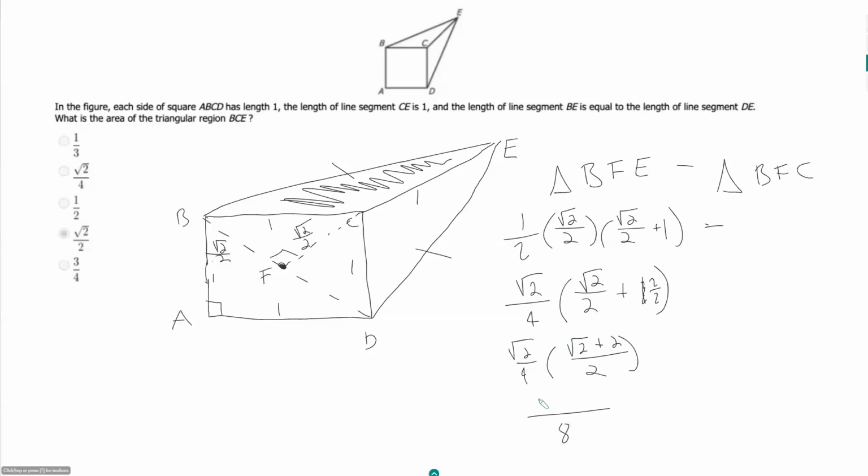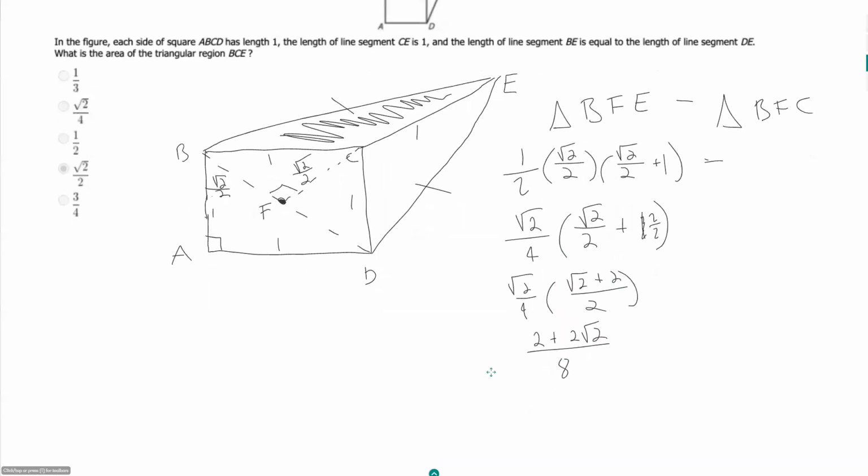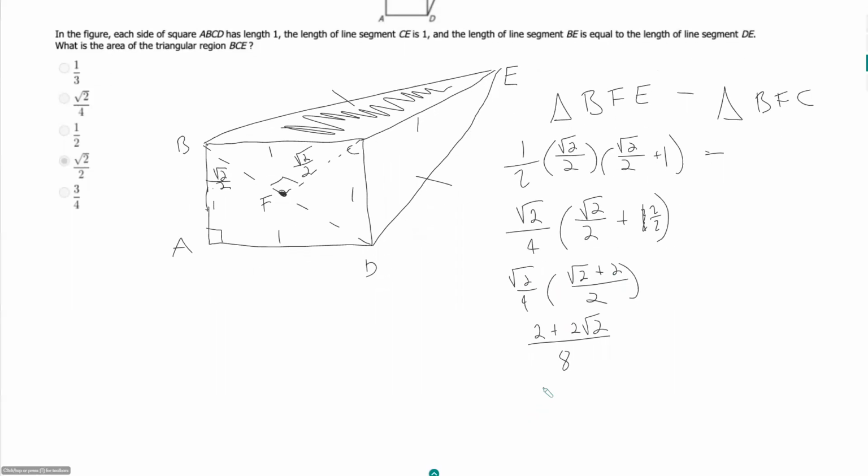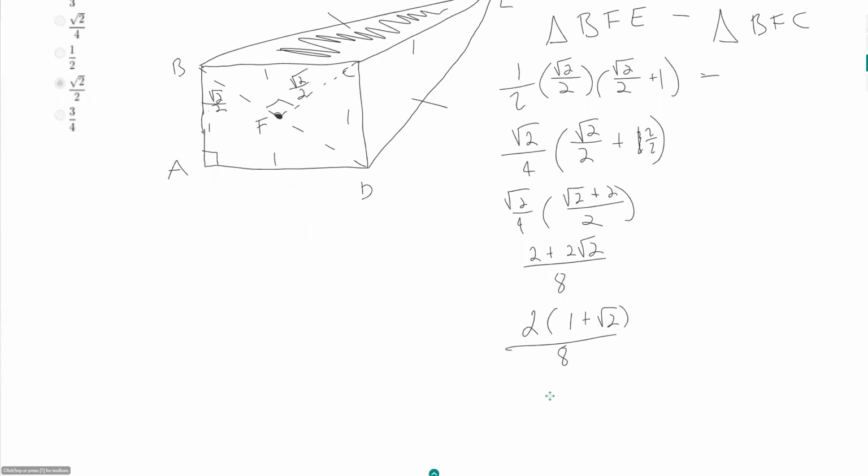Rad 2 times rad 2 is just 2, so 2 plus 2 rad 2 all over 8. Then I can factor out a 2 up top, so that's 2 times 1 plus rad 2 all over 8, which is just 1 plus rad 2 all over 4. Okay, so that is the area for my big triangle BFE.